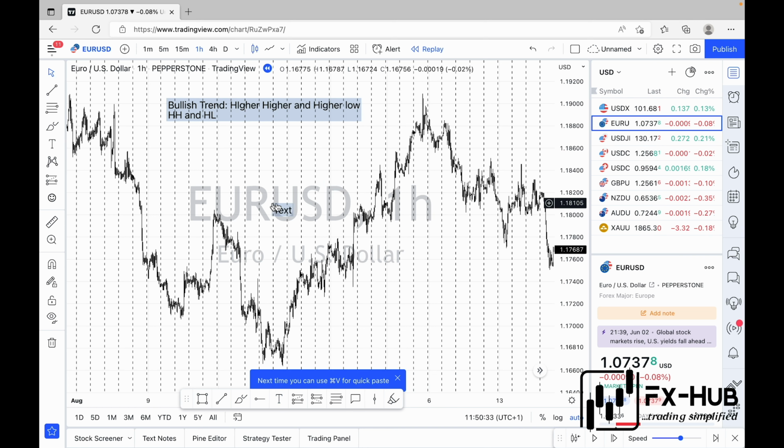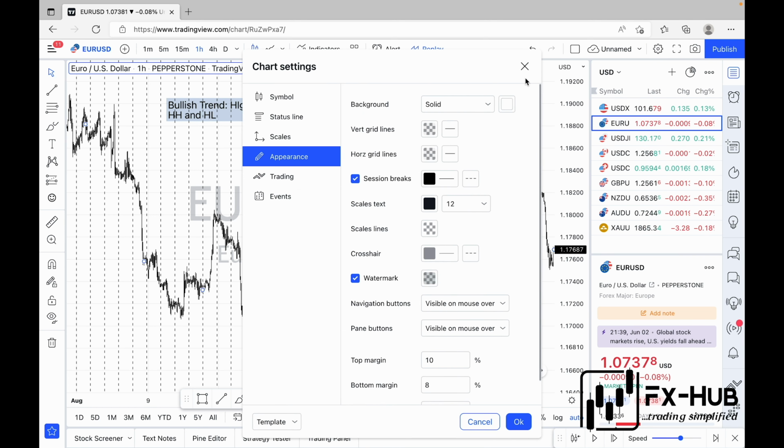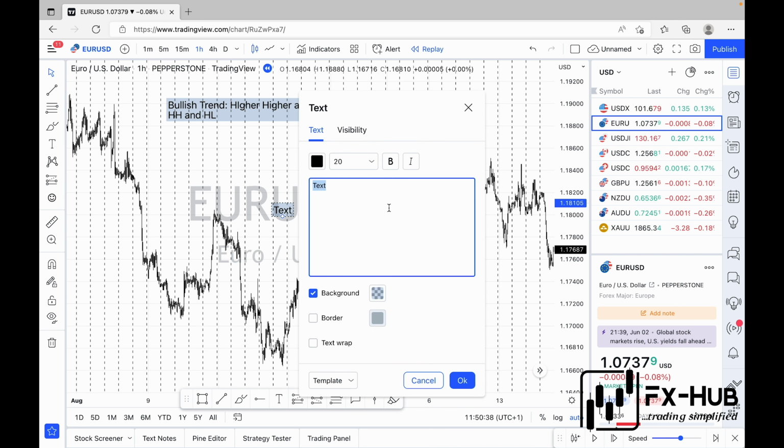And in a bearish trend, you will notice a lower low and lower high, which we refer to as LL and LH.